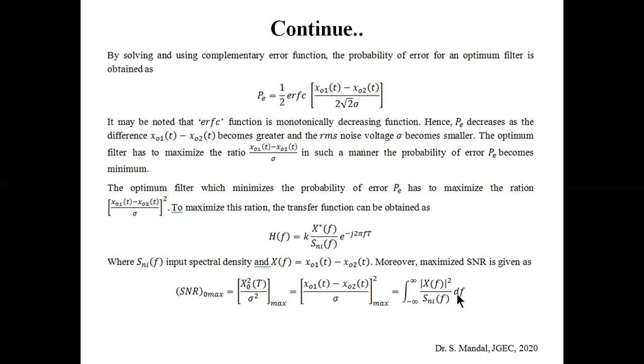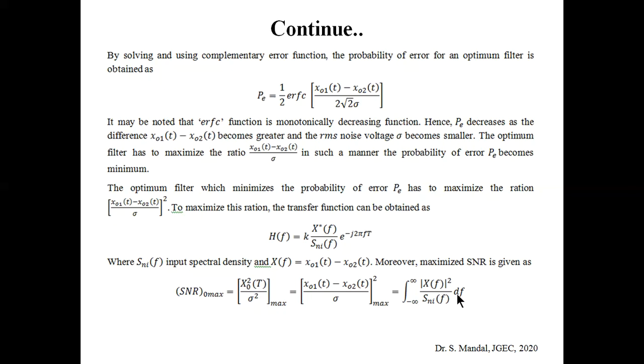It may be noted that erfc, the complementary error function, is a monotonically decreasing function. Hence, Pe decreases as the difference between x1 and x2 becomes greater and the RMS value of sigma becomes smaller. So the optimum filter has to maximize the ratio (x01t - x02t)/sigma. In such a manner, the probability of error becomes minimum.